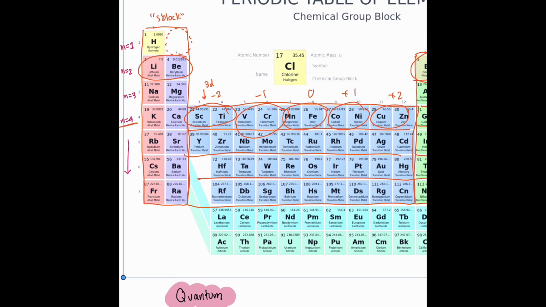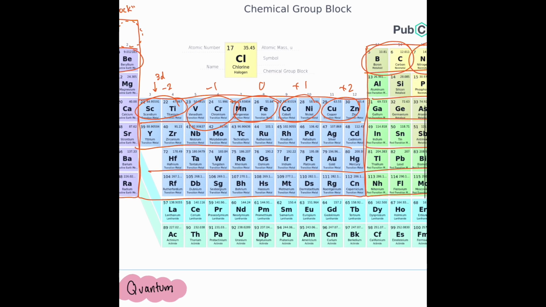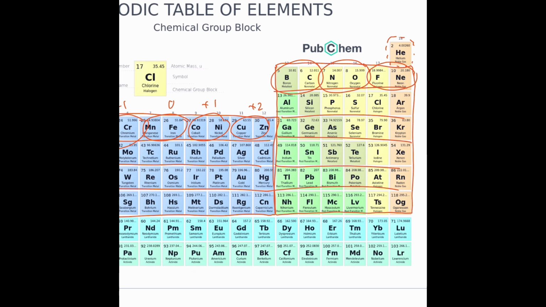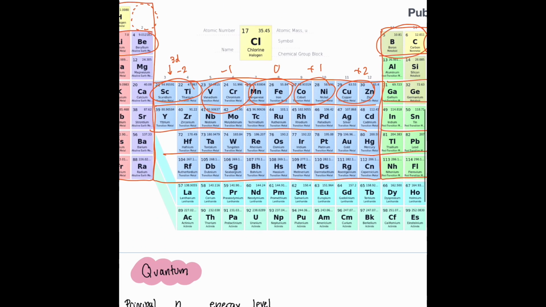An S orbital can hold 2 electrons. Each orbital can only hold 2 electrons, but the S block is only going to be 1 orbital per energy level. Our P block is going to be 3 orbitals per energy level, meaning per energy level it can hold 6 electrons. Our D block is going to have 5 orbitals per energy level, meaning it can hold 10 electrons per energy level.